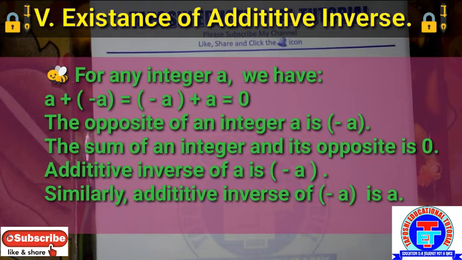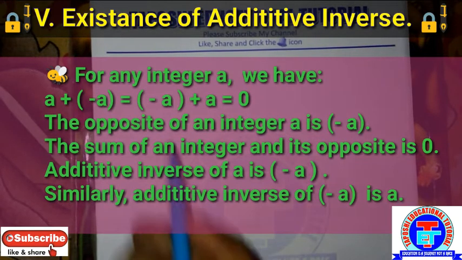Additive inverse of a is minus a. Similarly, additive inverse of minus a is a. It will be clear when we understand by the given example.